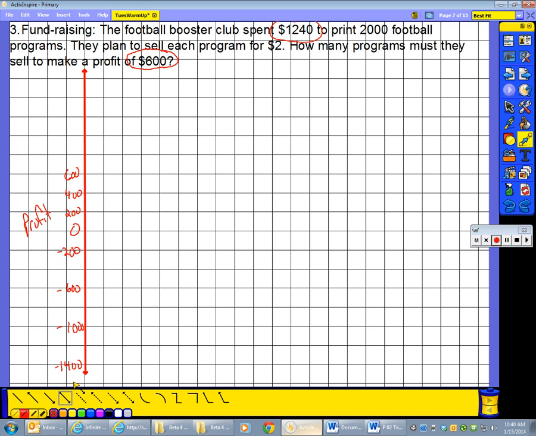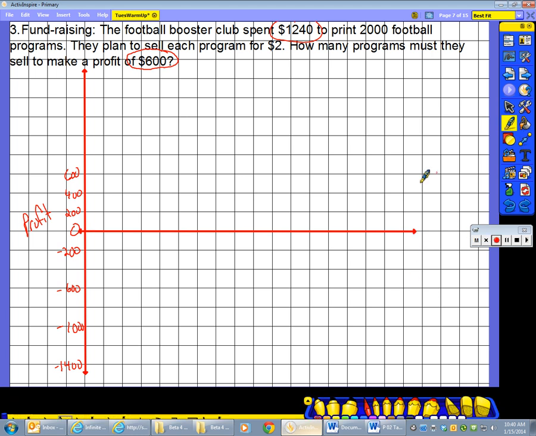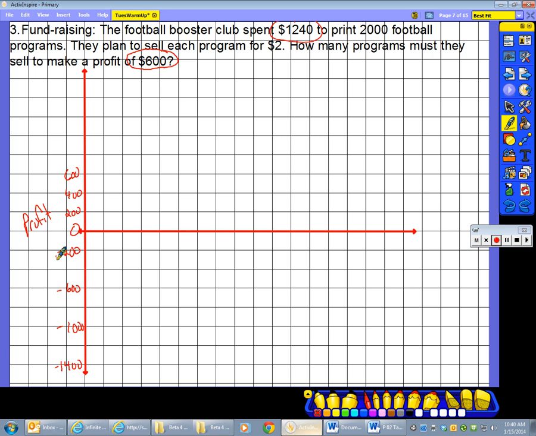And now that I know where 0 is, I can place my x-axis. My x-axis is going to go right here at 0, because that's where they meet. That's the origin. If my y-axis is talking about profit, the x-axis is talking about the other variable in this, and that is the number of programs they sell.